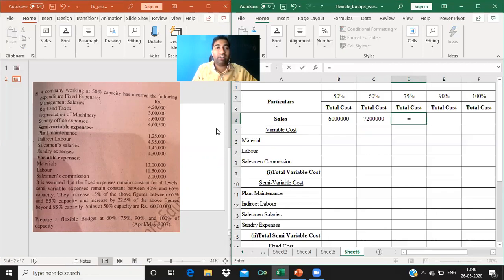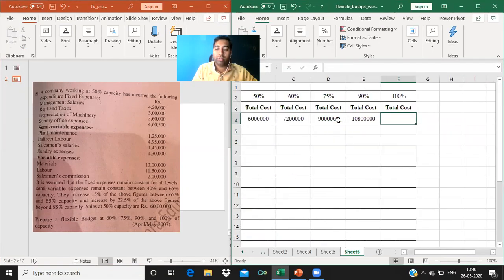At 75% level of activity, it will be 60 lakhs divided by 50% into 75%. Similarly, 60 lakhs divided by 50% into 90%. Last one, 60 lakhs divided by 50% into 100%.